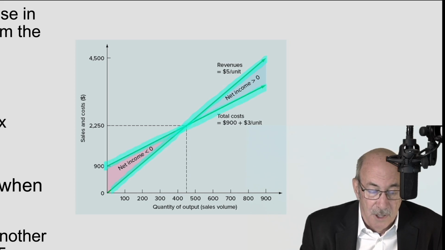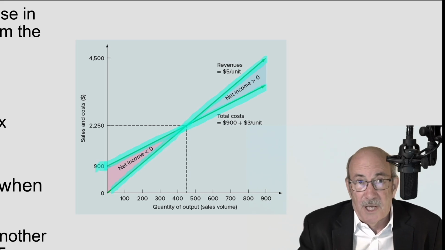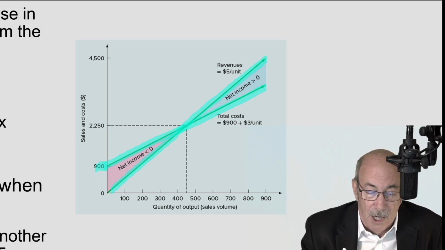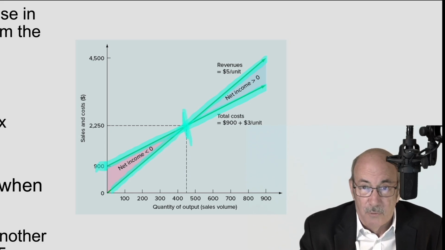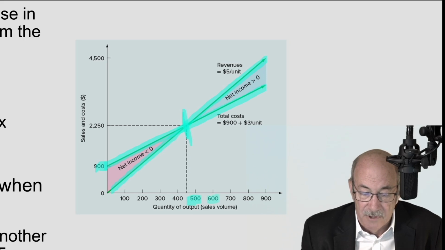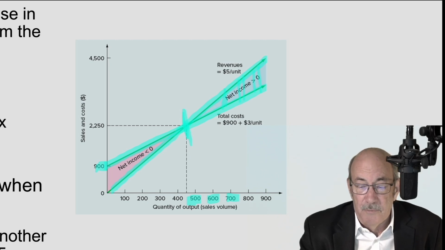And so we start with 900 because that's our fixed cost plus our depreciation, and it has a lesser slope, so eventually they cross, and right there where they cross is our break-even point. After that point, as the number of sales goes up to 500, 600, 700, now the difference here is our profit, is our net income.